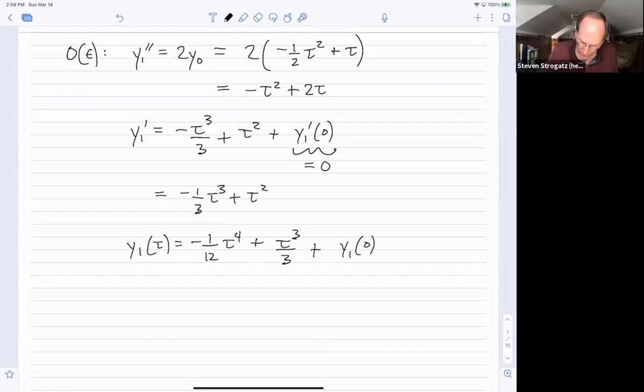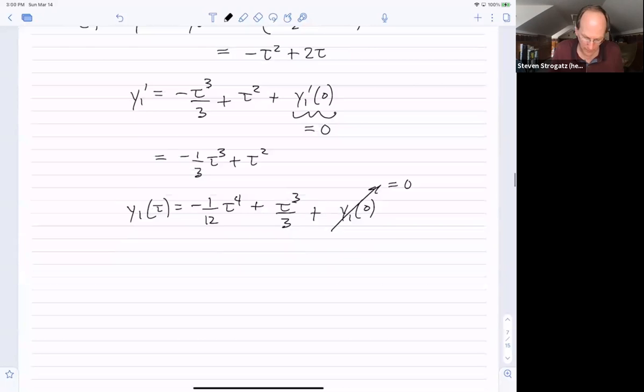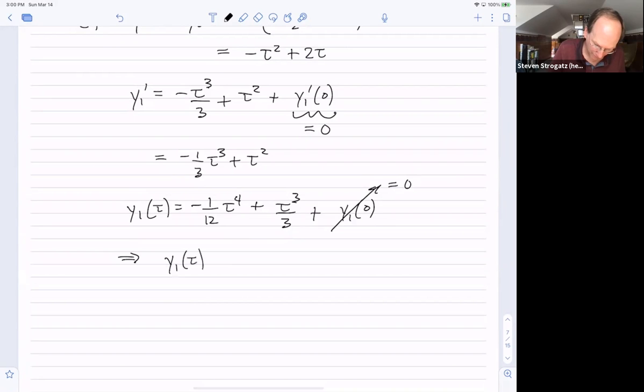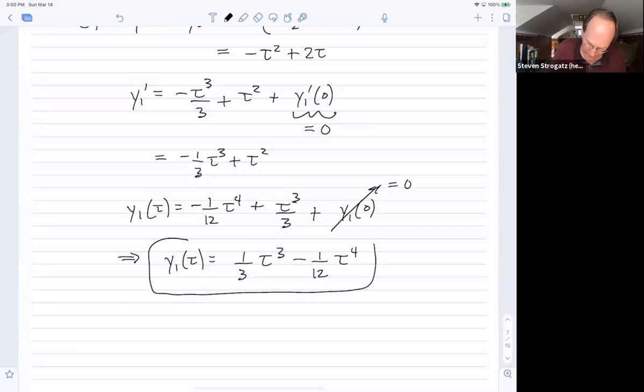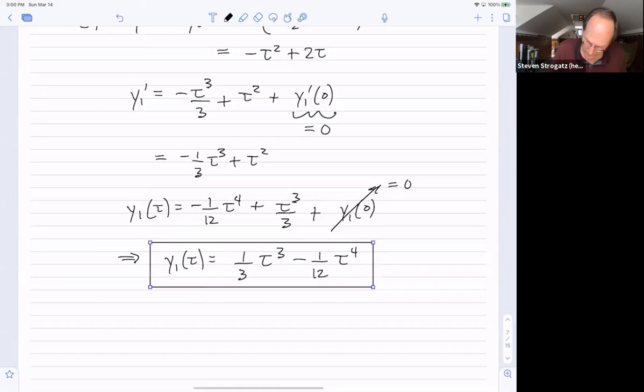But we already know that this is 0 as well because we wrote that down earlier. So there it is. We have now calculated Y1 of tau. So let me summarize. Y1 of tau is, let's put the lower order power first, 1/3 tau cubed minus 1/12 tau to the 4th. Very nifty.